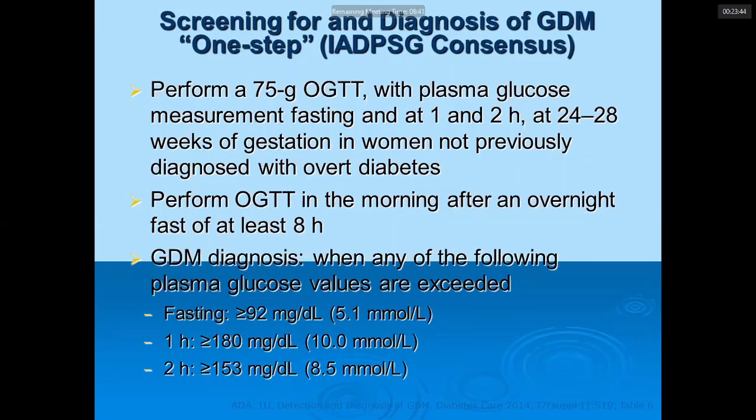And 2 hour more than 153, 8.5 millimole. Any one of these readings is enough to diagnose gestational diabetes. Fasting more than 92, 1 hour 180, and 2 hour 153. So they are different from the non-pregnant lady.